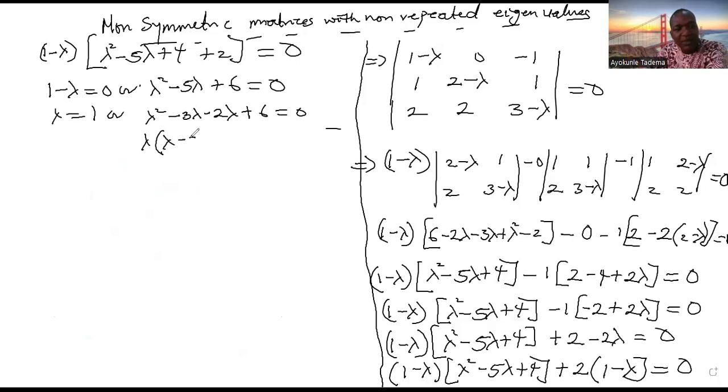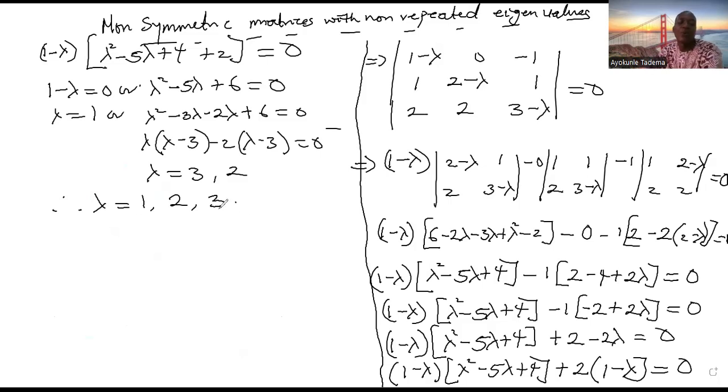We have lambda minus 3, minus 2, lambda minus 3 equals 0, meaning that lambda equals 3 and 2. Therefore, lambda equals 1, 2, or 3. These are our eigenvalues. Now, if these are your eigenvalues, you can find the corresponding eigenvectors.